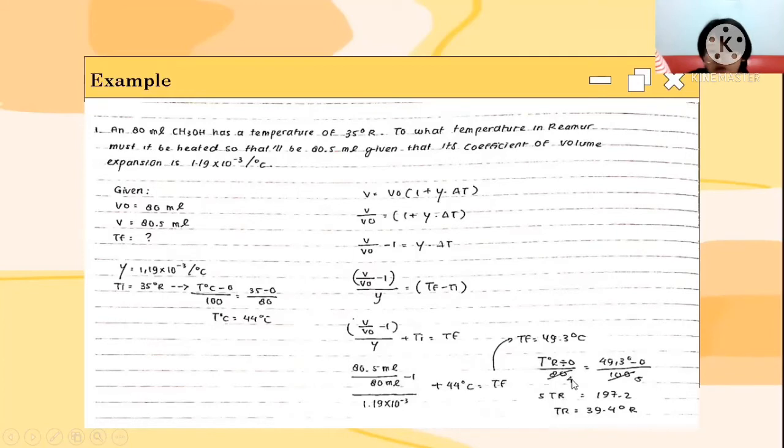Simplify to 4, simplify into 5. Cross multiplication, we get 5 T_R is equal to 197.2, and it would be 39.4 degrees Reaumur. Now you guys might ask, didn't you just say you have to round it up? Yes, but in here we have to follow the rule, because see here there are 3 significant figures, the significant figure rules. Okay.